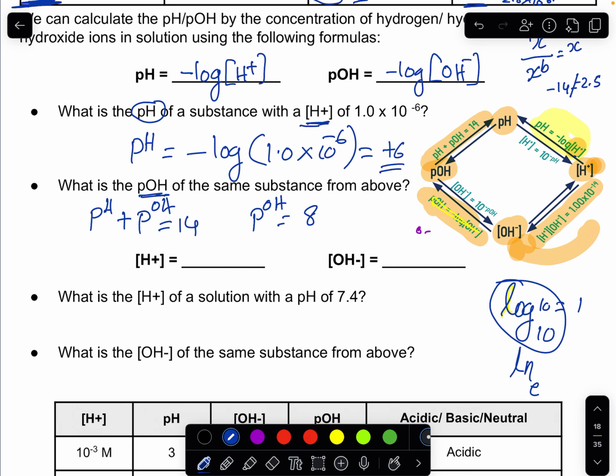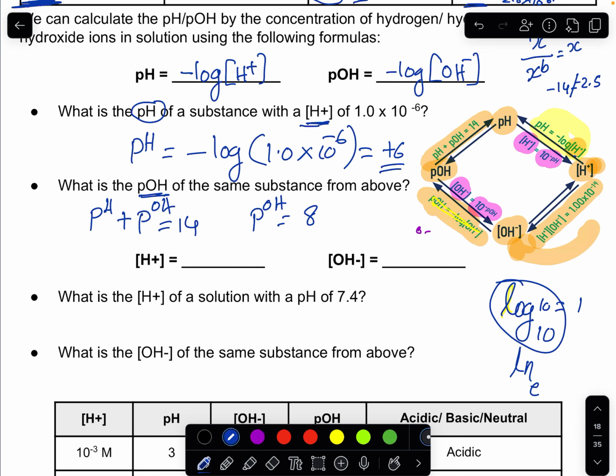Okay, so now go backwards. Look at this equation. You have the value of pH given, and you have to find H plus. If you want to find OH minus from pOH, it will be 10 to the power of negative that number.